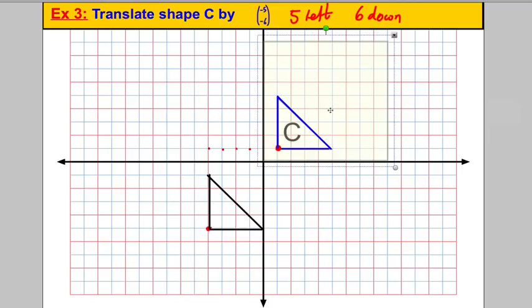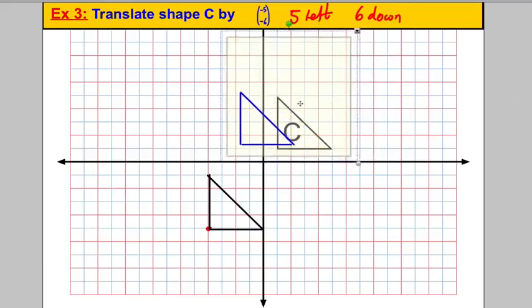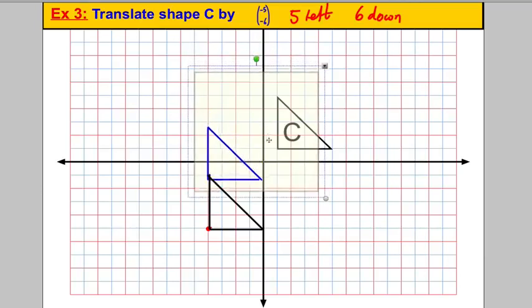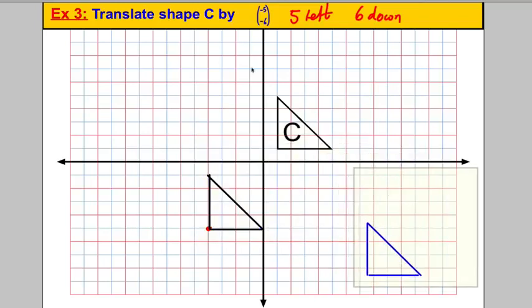And we'd have moved it 5 left, so 1, 2, 3, 4, and 5, and then 6 down. 1, 2, 3, 4, 5, and 6. And indeed, it would have worked out perfectly for us. And therefore, again, just to remind you, this is called your object, and this shape here is called your image.